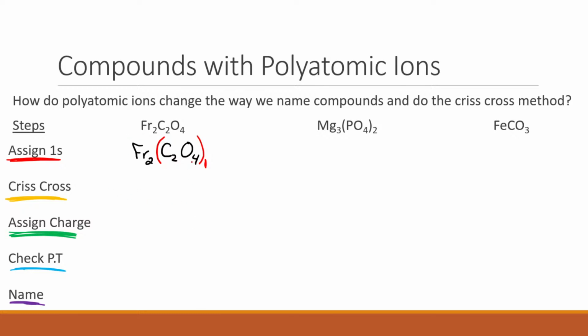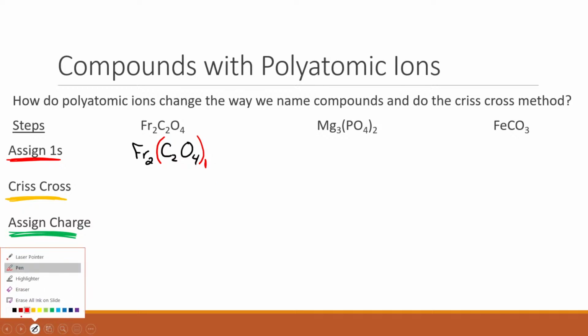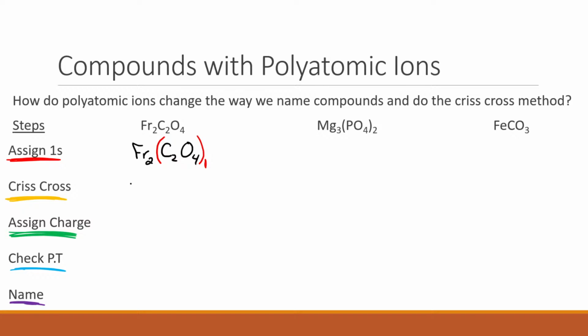Now we can crisscross, we can assign our charge, we can do a lot of the steps that we have already done. All right, we'll take Fr2, C2O4. We will move that 1 from the C2O4 up and over to the francium, the 2 up and over to our polyatomic ion.